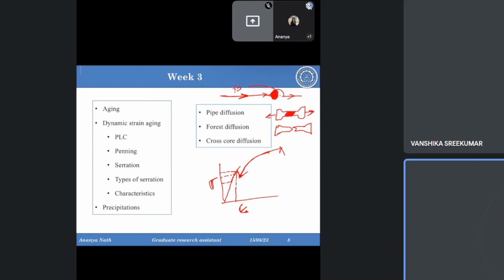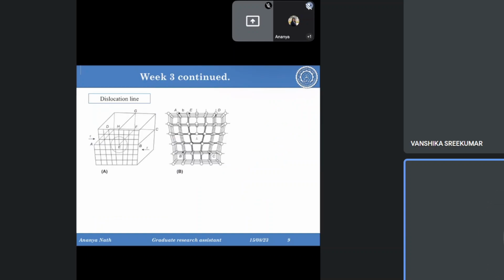So what happens at the lower yield point? The stress starts increasing only. Now in aging, before that, what happens is when we load the material and then unload it, and then hold the material at a particular temperature, at an elevated temperature or even at room temperature, what has been observed is the solute atoms still try to move and catch up with the dislocations, and after some time they really catch up.